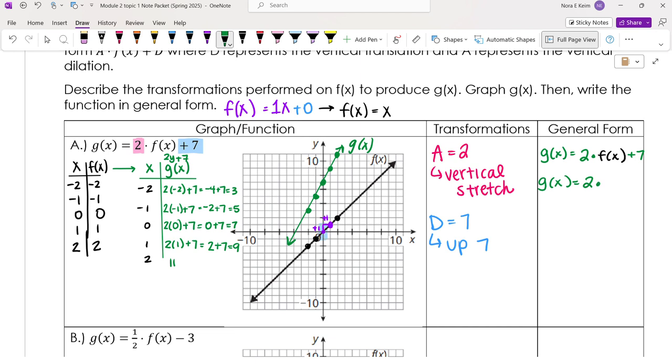Now we know that f of x is equivalent to 1x, and I know that 2 times 1x is 2x, so I have 2x plus 7 as my general form.